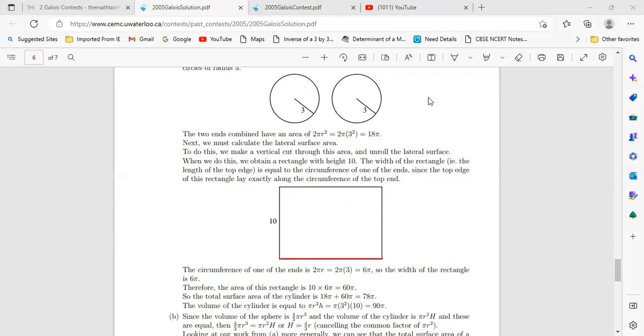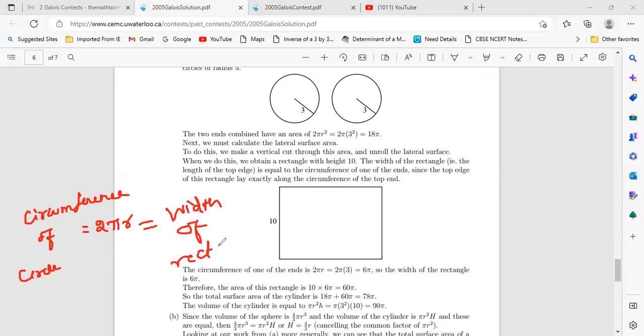Yes, Shana? So you know the formula for the circumference of the circle, right? It is 2 pi r. This is the formula for circumference of the circle, which is nothing but the width of the rectangle. So it's 2 pi r. You know the value of radius. It's nothing but 3. So it's 6 pi. Is it clear?